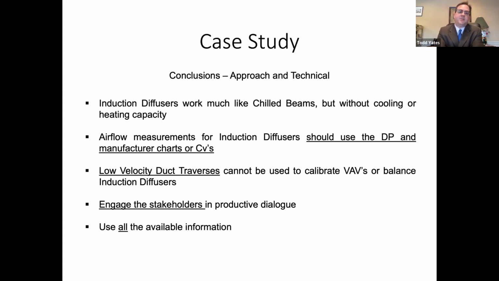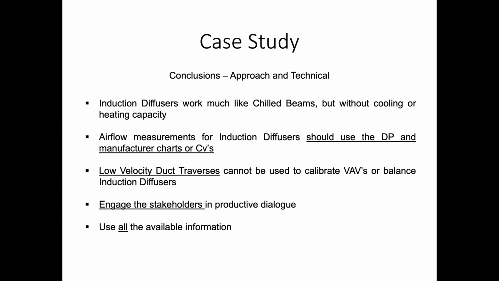But that particular issue didn't happen here, and my gut feel is that the minimum pressure is lower than it is for chill beams because of the lack of coils. I don't think you're going to run into that, because if you have enough air to get the total airflow at the VAV, you're probably going to have enough pressure for these induction diffusers to function.